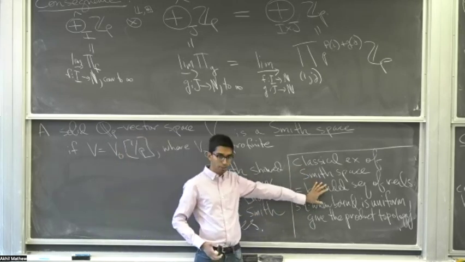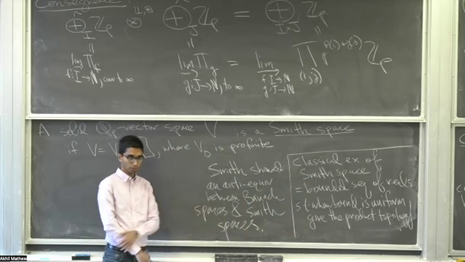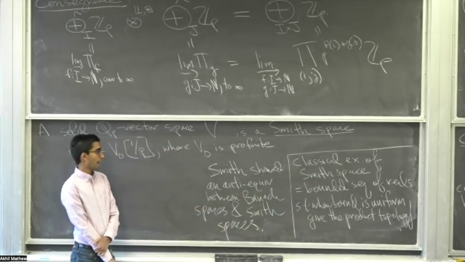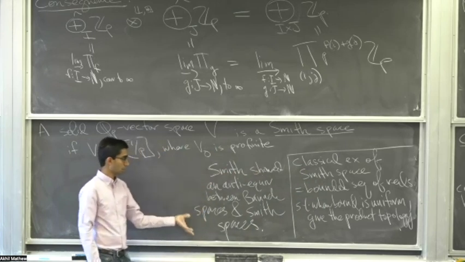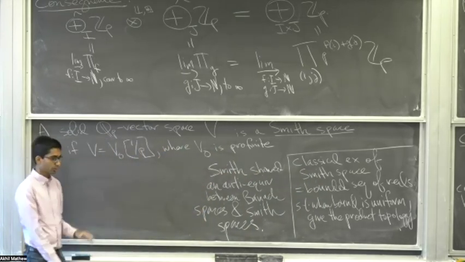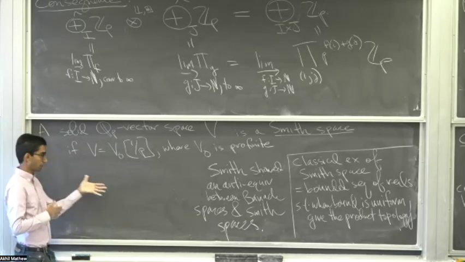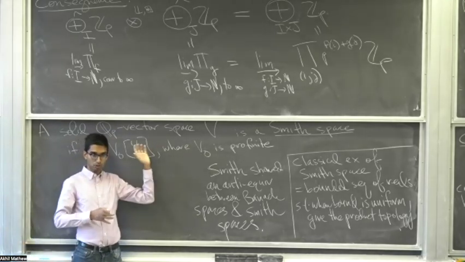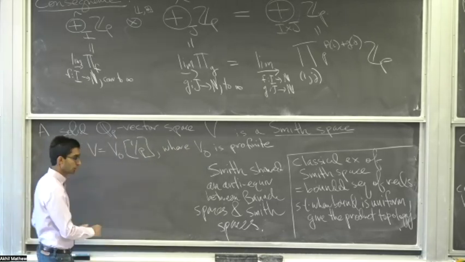Then you make all functionals into a Smith space by taking this sort of compact-open topology. The duality theorem is that this can go both ways, and it's also true in this context. Explicitly in this setup, it's literally taking internal Hom into Q.